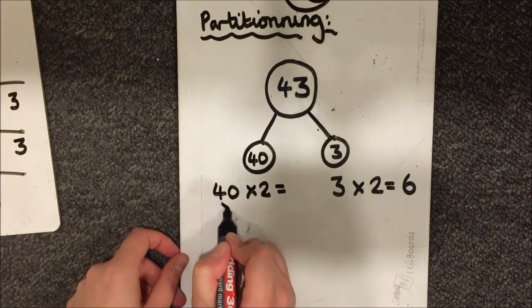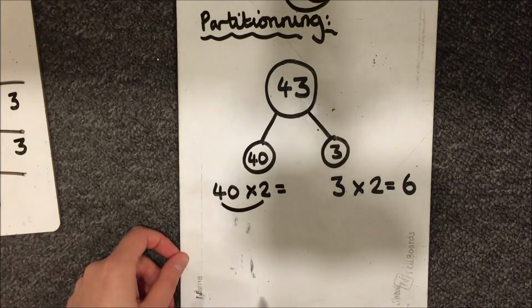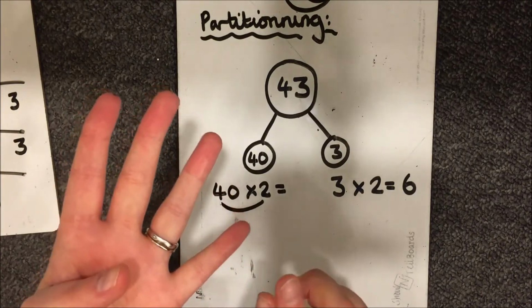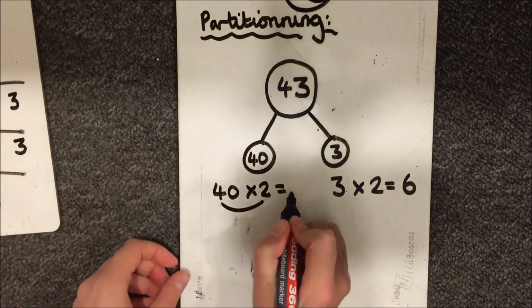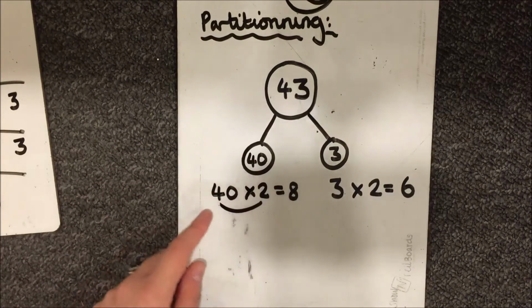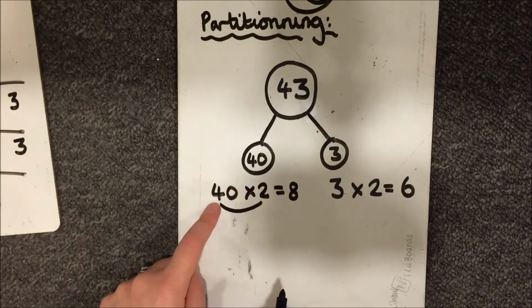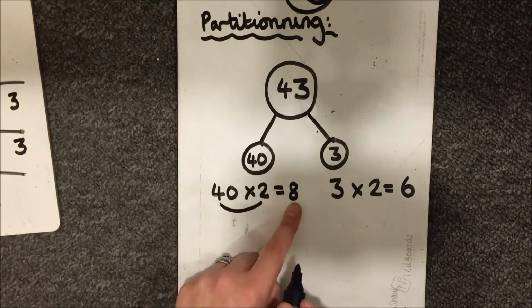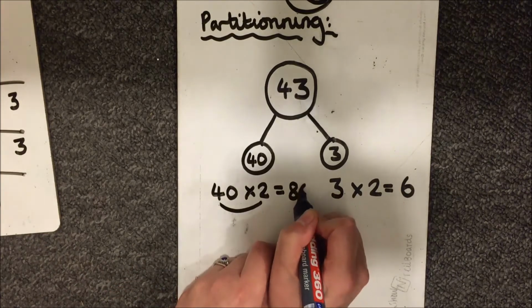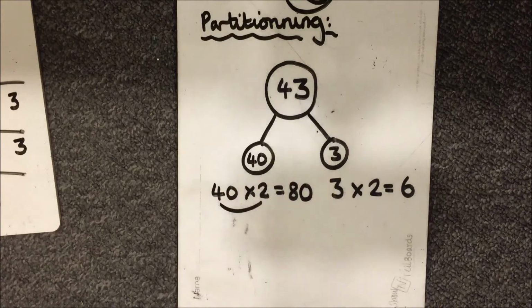What's our secret times table? That's right, 4 times 2. 4 fingers up, counting 2s. 2, 4, 6, 8. So we know it has to have an 8 at the beginning, but we're not timesing 4 1s, we're timesing 4 10s. So it has to get 10 times bigger. So this turns into 8 10s, which is 80. Good job.